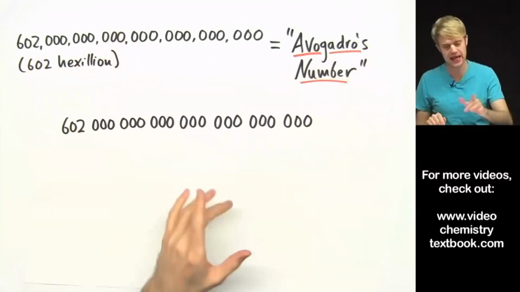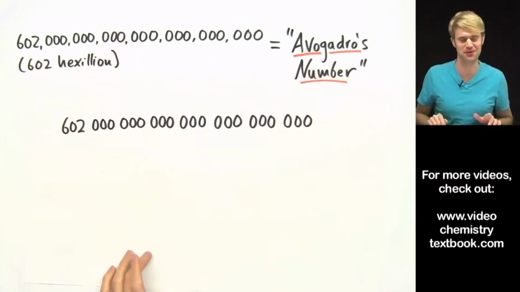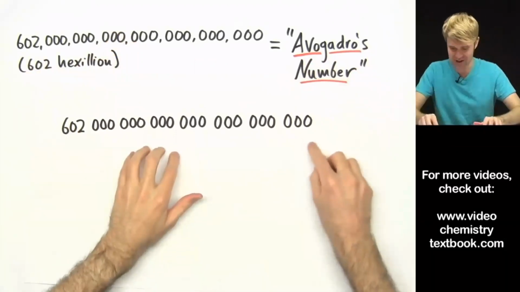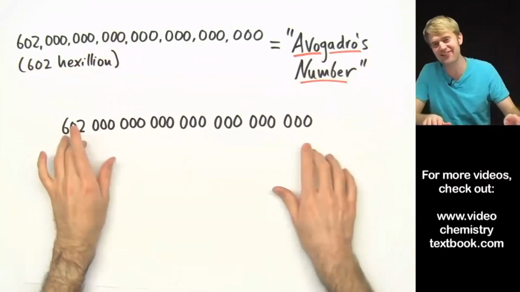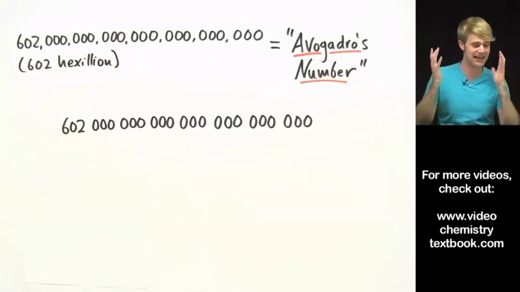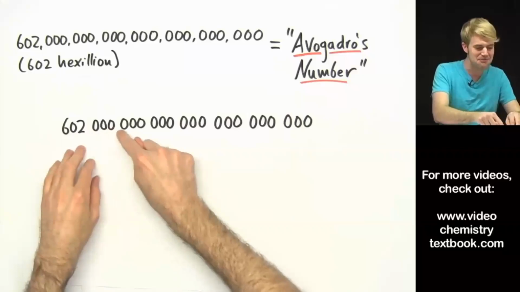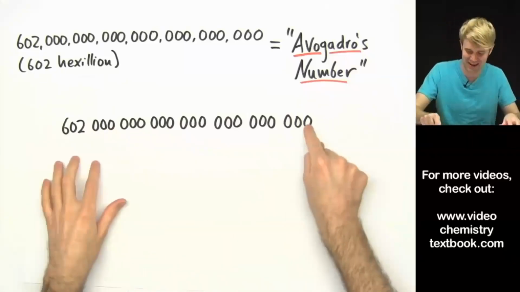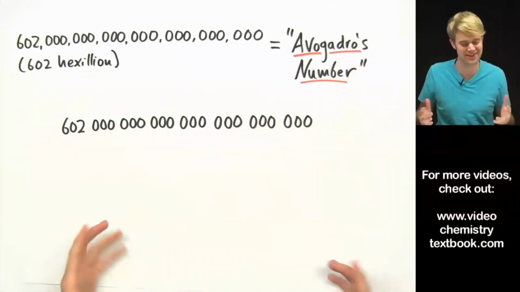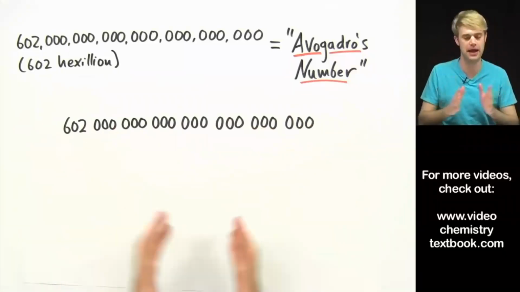Think about what a pain it is to deal with this number, right? If you're doing math by hand, you got to write this out, like do your multiplication and division with 21 zeros. Even if you're using a calculator, you got to type in all of these zeros, make sure you have the right amount, and then when you get your answer, you got to go back and count how many zeros your answer has. It's a total pain.